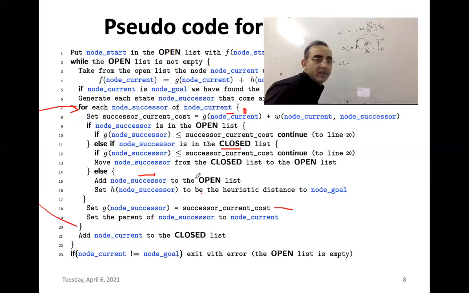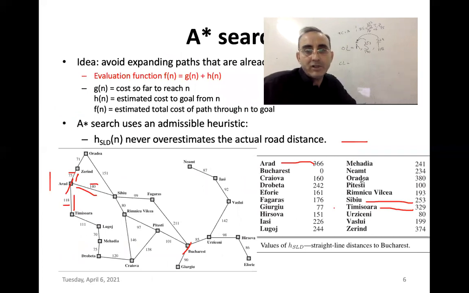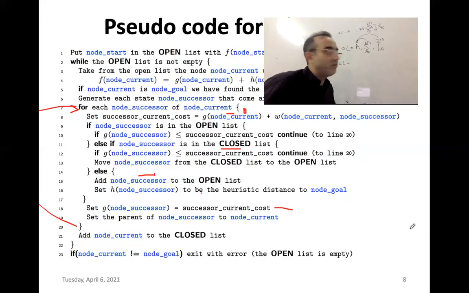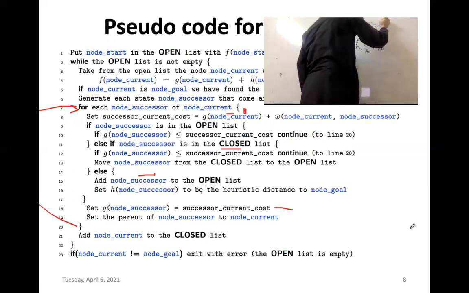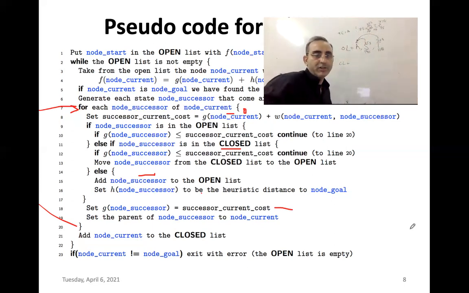So I have to look over the table and see what the value for Sibiu is. It is 374. And the actual cost is 75.